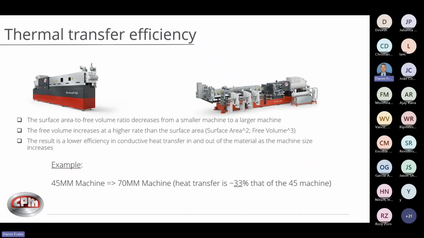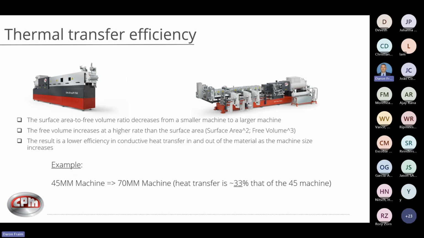So that free volume is growing at a faster rate than your surface area. As machines grow in size, they get less and less efficient at thermal transfer from electrical conductive heat transfer.